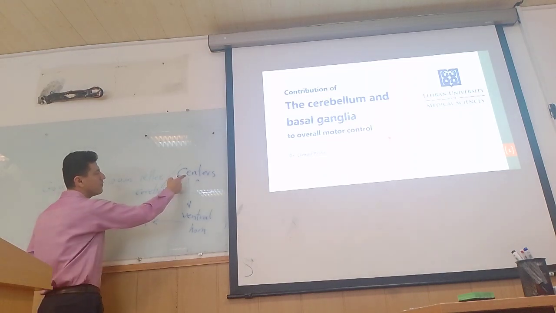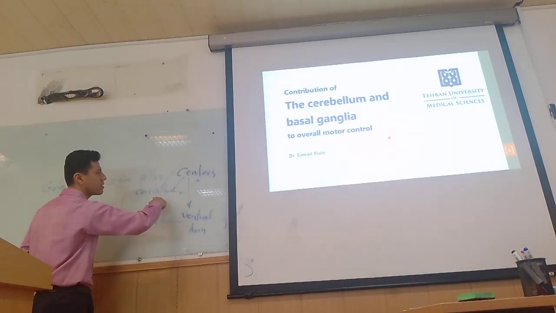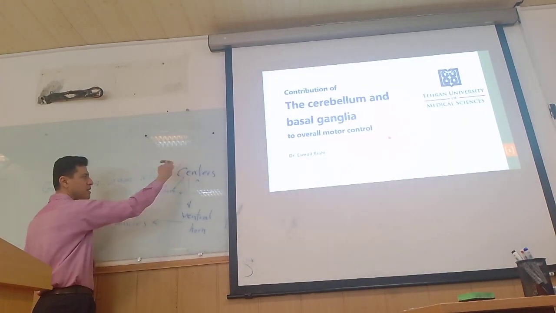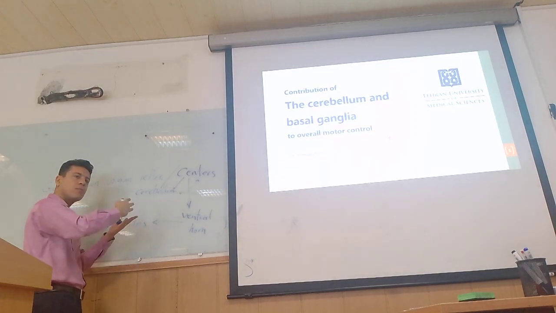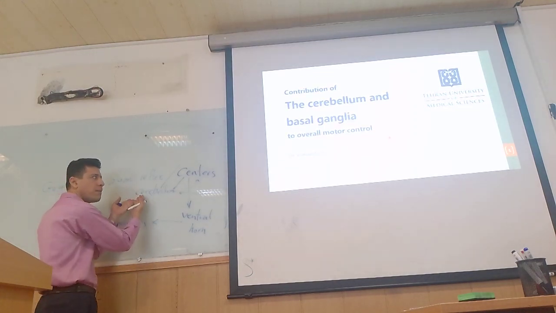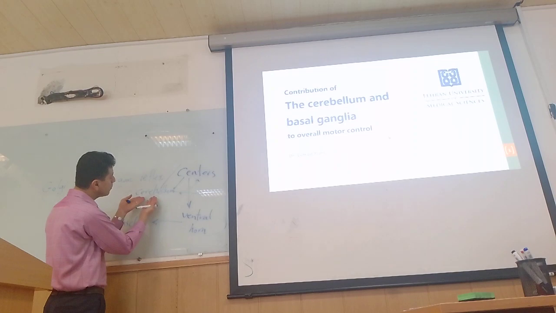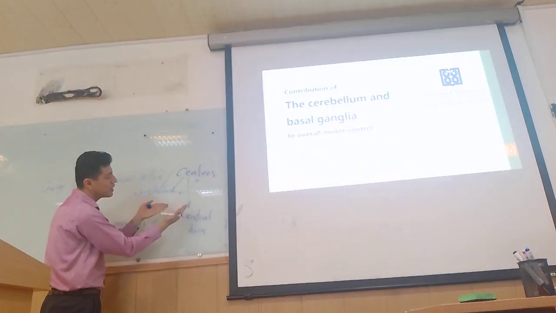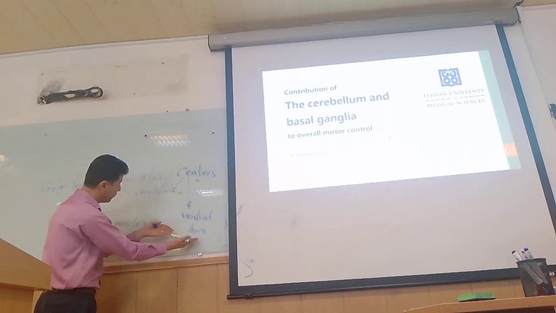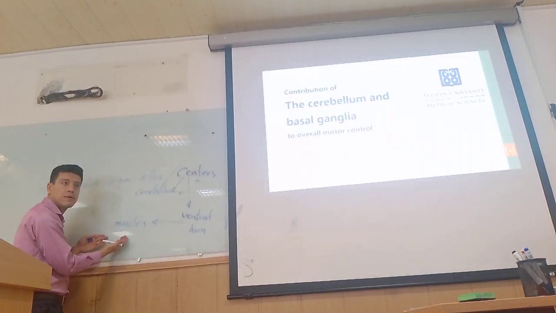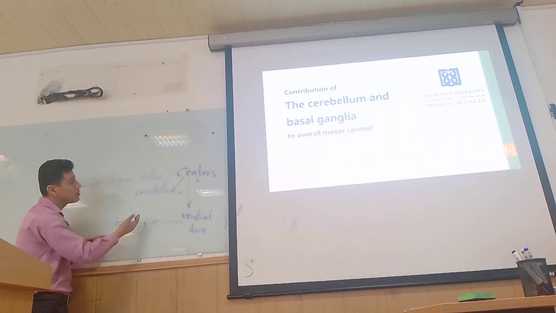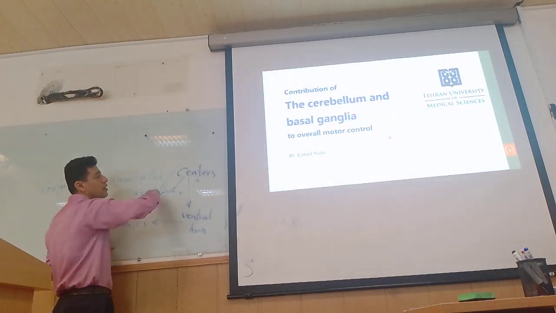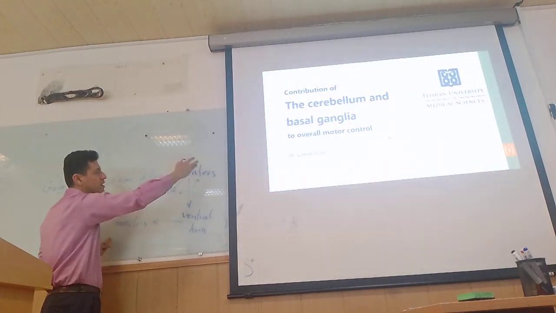So there is a loop between the motor centers and the cerebellum. The cerebellum receives information, analyzes it, and then sends it back to the centers. So there is no direct involvement of the cerebellum in the activation of the ventral cord neurons to generate contraction in the muscle. Okay, so the cerebellum makes a loop with the centers.